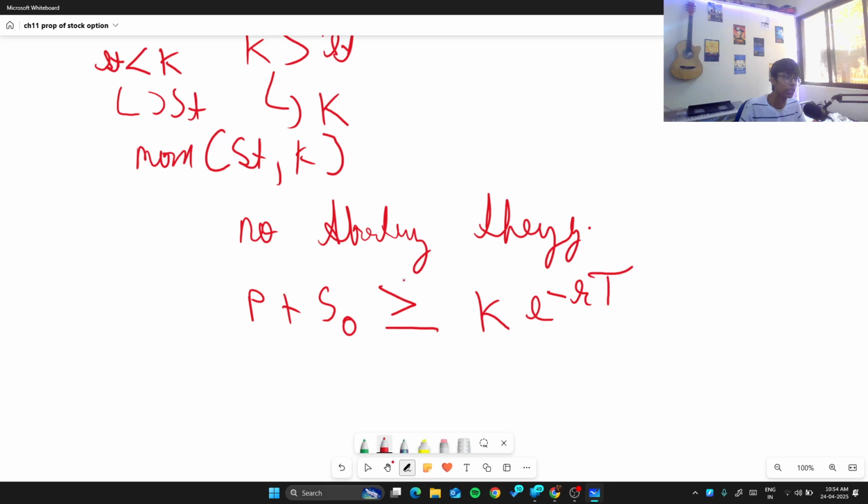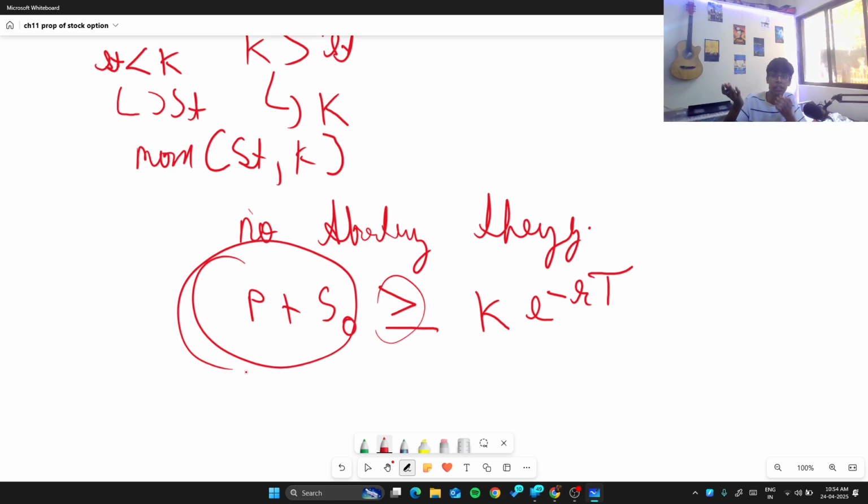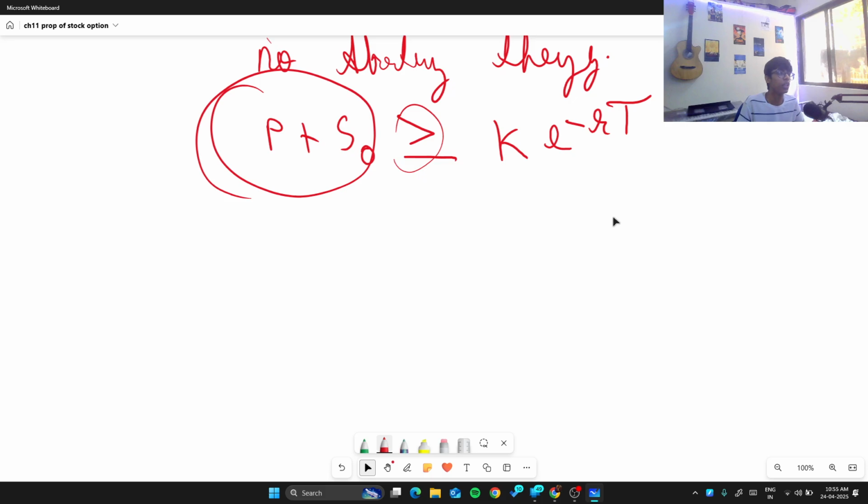One of the reasons this is greater is the diversification of the portfolio: the return is more if there are many stocks in the portfolio. That's why there is greater than here. And a zero coupon bond can't give that much return.